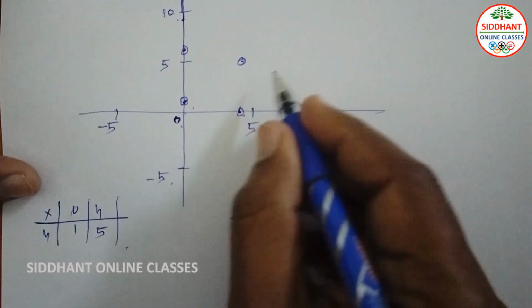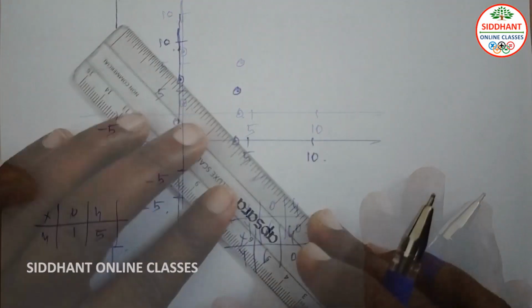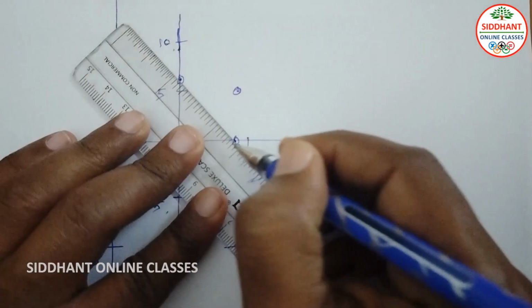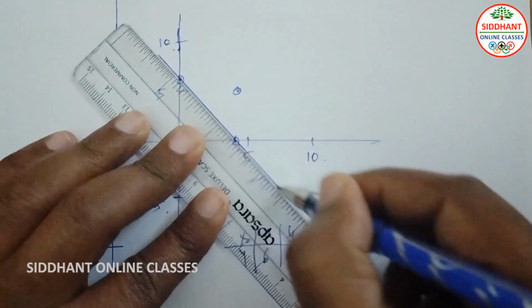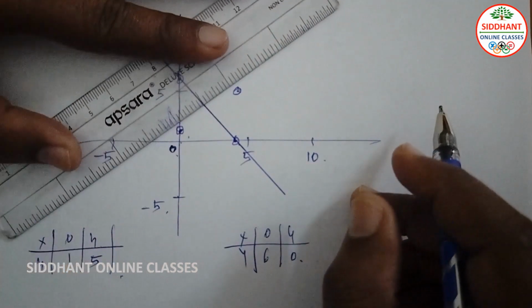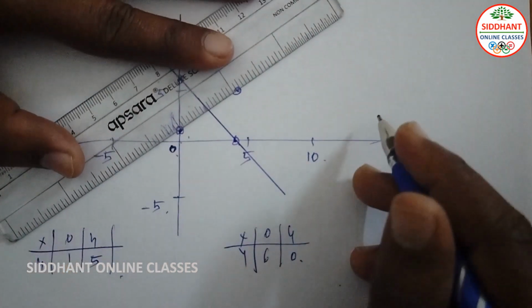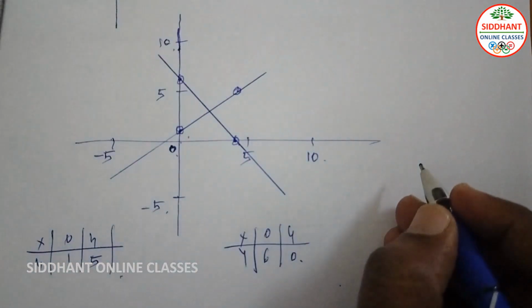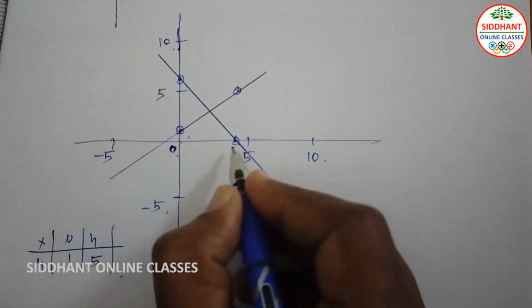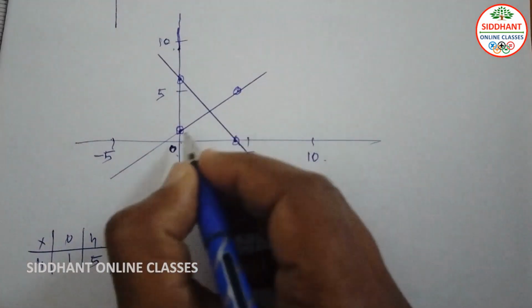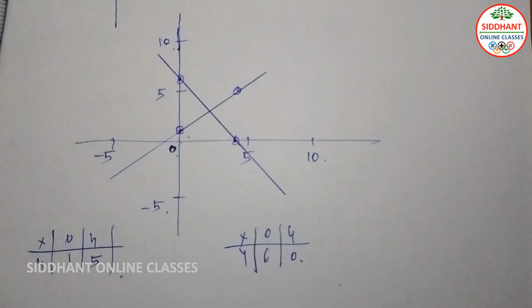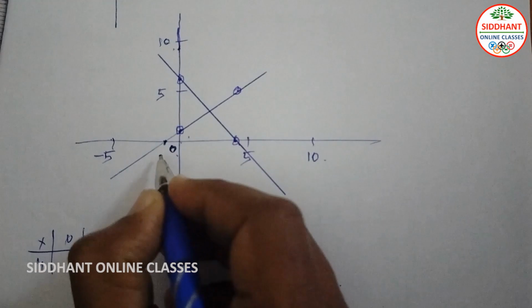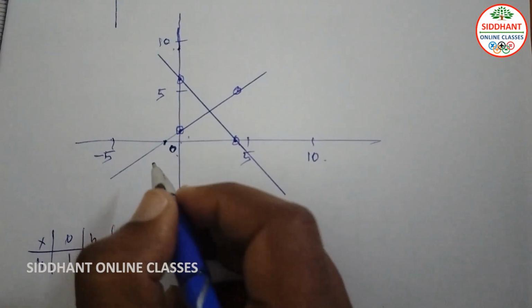So now we are going to join the points. So these two and this. So now we get the coordinates. This is the triangle part we are going to see, and this coordinate is -1, 0.